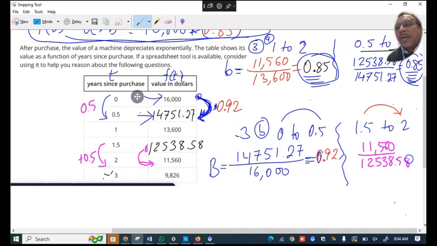Put this on the calculator and what do you get? Do you get the same answer? Yes or no? 0.92. Do you see this answer and this answer are the same thing? Yes or no?